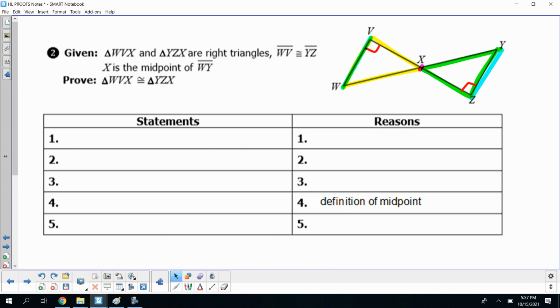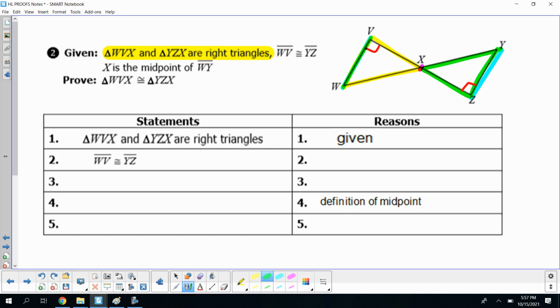Okay? They don't give us any statements, they give us one reason, but we can go ahead and fill out at least the first couple statements because we see here that WVX and YZX are right triangles, and we see that that is given. So the reason we're going to put here is given. The next thing that we're going to write is that WV is congruent to YZ.